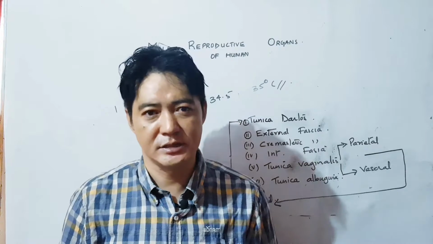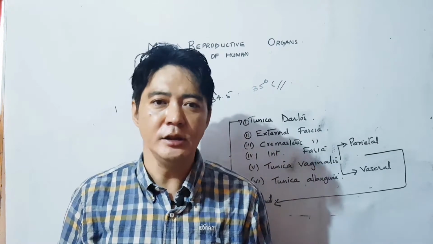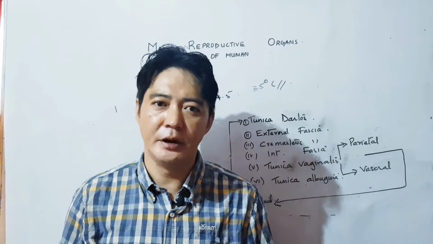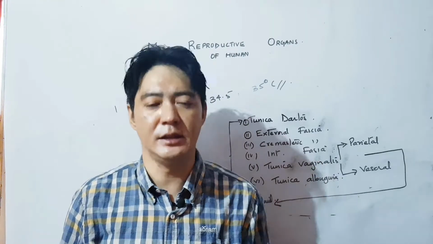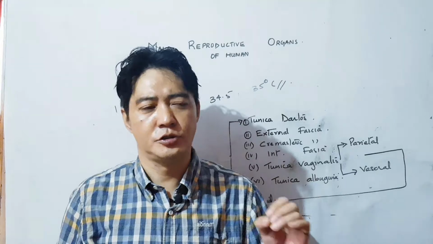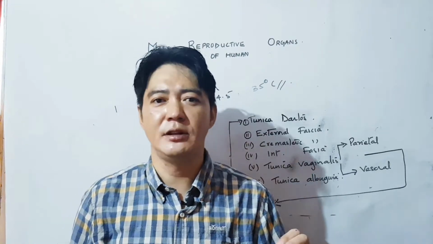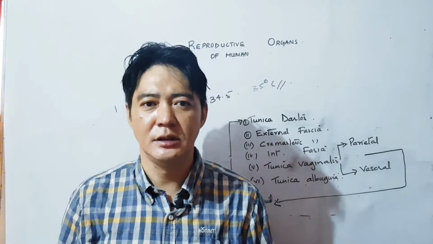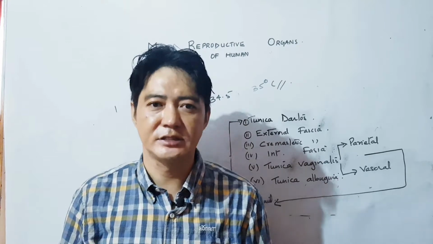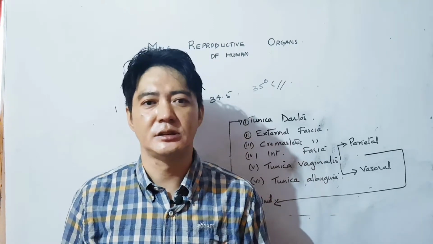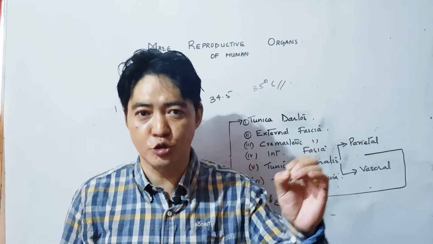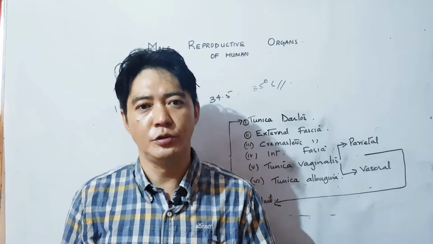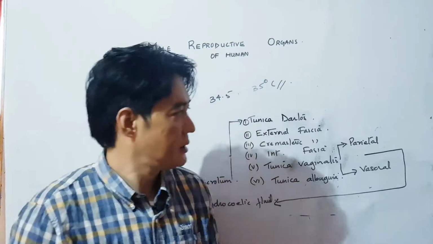These testes are actually developed before birth in the abdominal region, that is near to the kidney. So after 6 to 7 months of pregnancy, in the fetus, this testis from the abdominal region descends towards the scrotum through the inguinal passage.